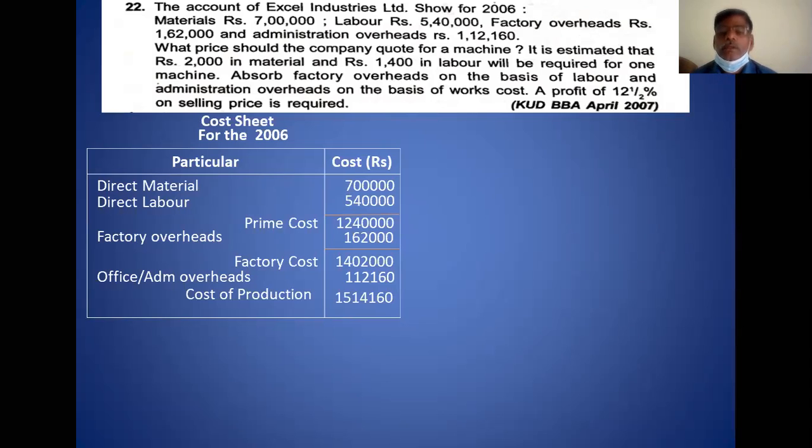On the basis of this information, you calculate the factory overhead rate and the office and administration overhead rate. You calculate the factory overhead percentage based on labor cost and the office and administration overhead percentage based on work cost.